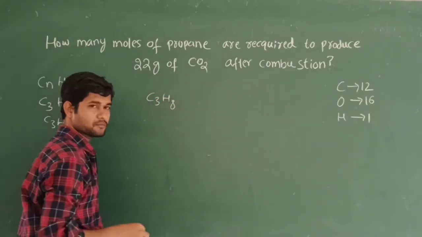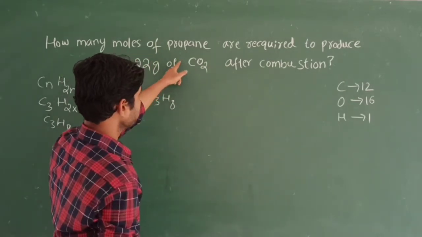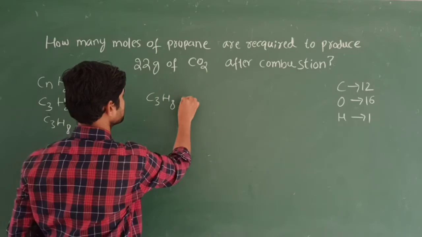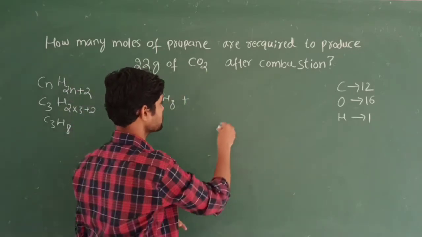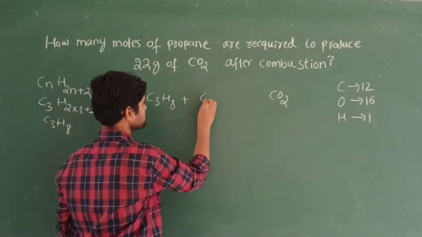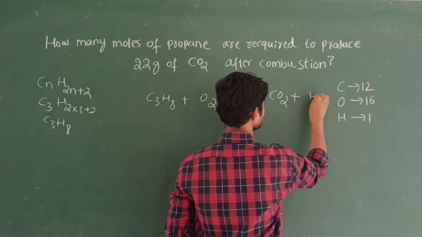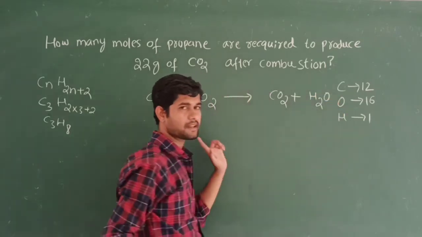So first we should write the reaction. He is asking how much propane is required to produce 22 gram of carbon dioxide. Then what is our product? The product is carbon dioxide. And the equation is C3H8 plus O2 gives CO2 plus H2O. So this is the equation.